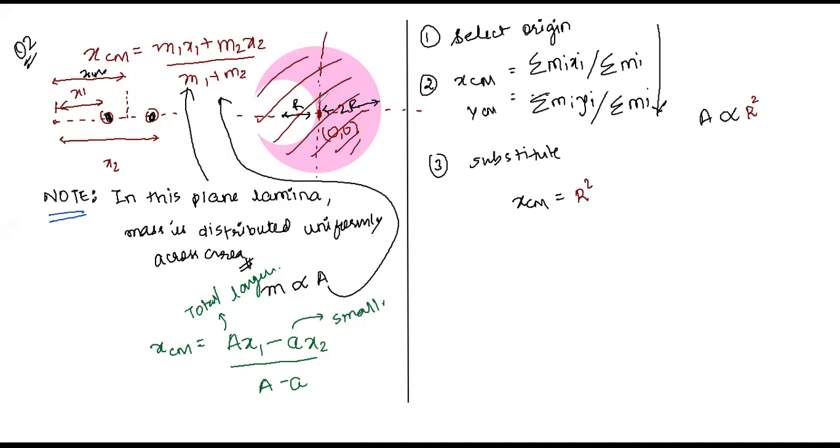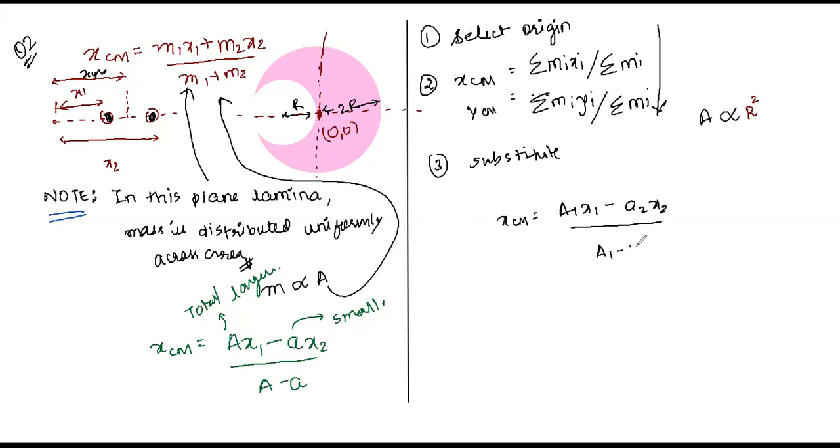Yes, sir. So I think my point is not very clear. I will repeat what I'm doing here. When I'm writing this formula, xcm is equal to (A1 x1 minus A2 x2) whole by (A1 minus A2).